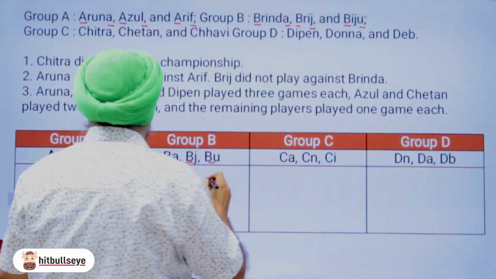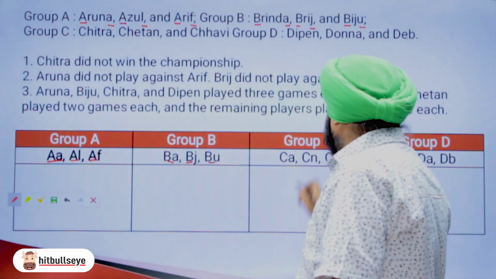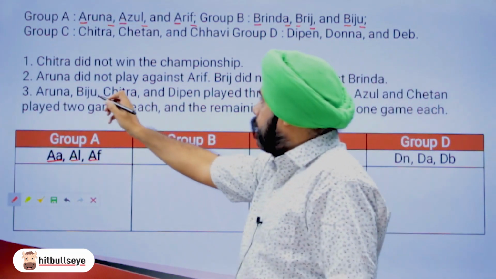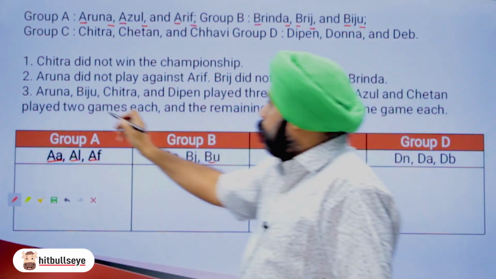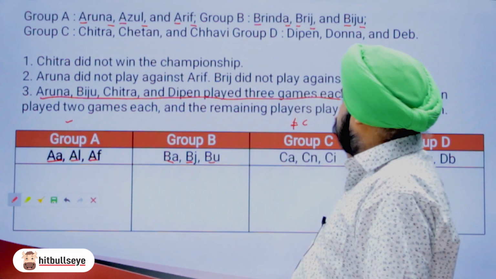So whosoever is playing 3 matches must be the one who has reached the semi-final stage, is the first conclusion which I'll use. Now he says, Chitra did not win the championship, so I'll write Chitra did not win. Aruna did not play against Arif, we will use that. Bridge, okay. Now these 4 players, people, they play 3 games each.